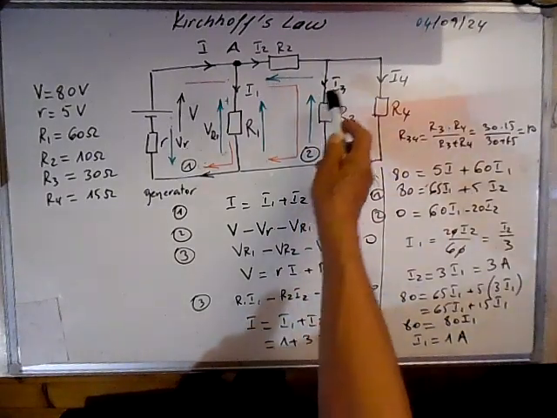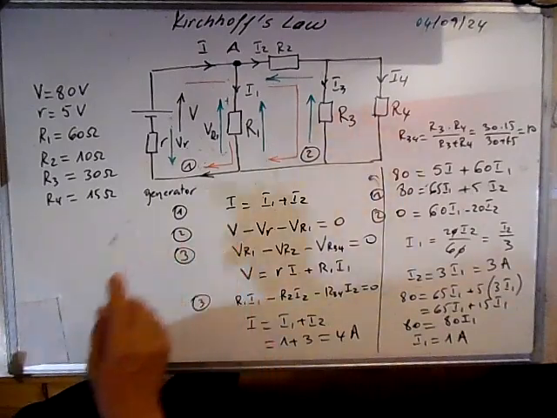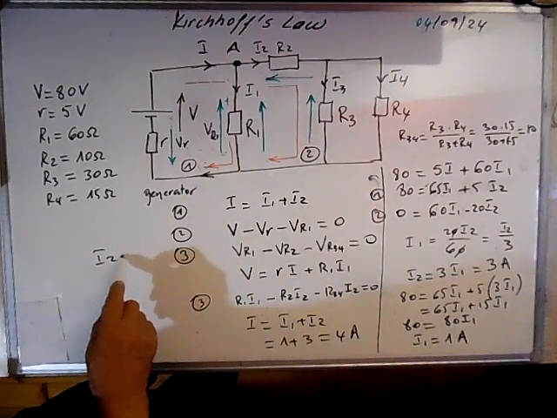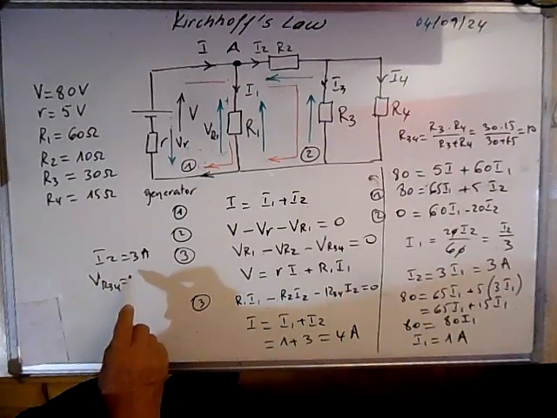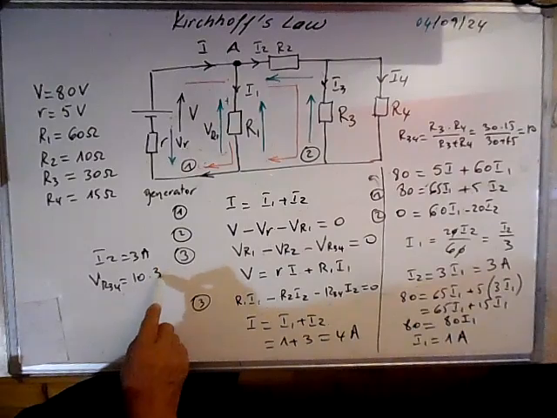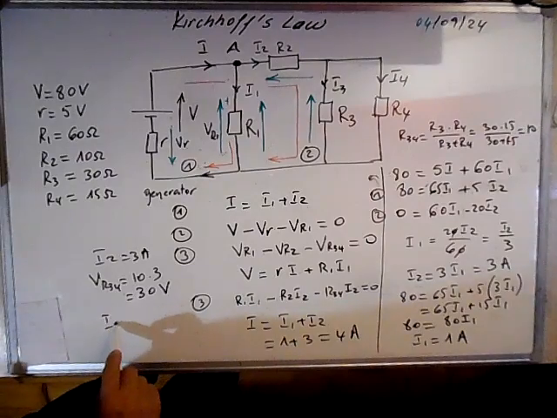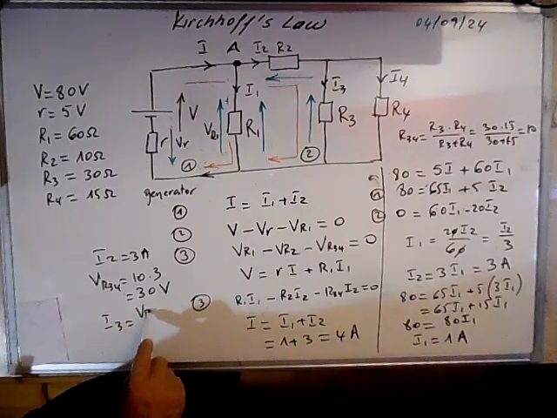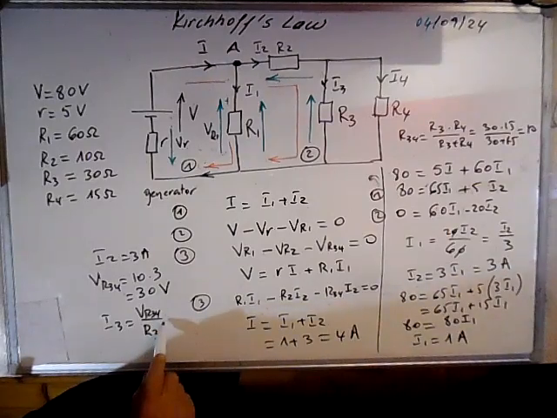We can also calculate the current here, because I2 is 3 amp, the drop at the two resistors is 10 times 3, 30 volts. So it means that I3 is equal to 30 over R3.